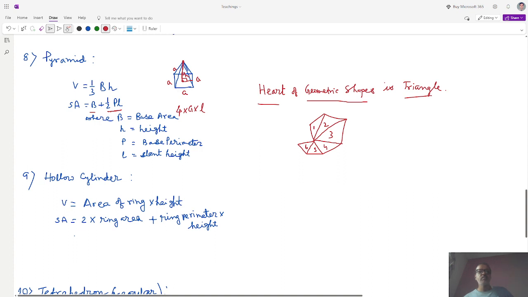So the area will be multiplied with half, because a times l is the rectangular area and half into a into l is the triangle area. So it will come half into 4a, and 4a is the perimeter of the base, right? So half into perimeter of the base into l, that is the slant height. This is the surface area of the pyramid.